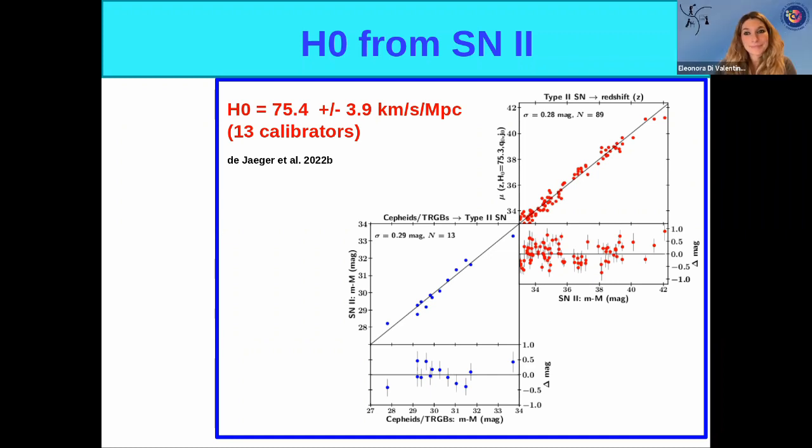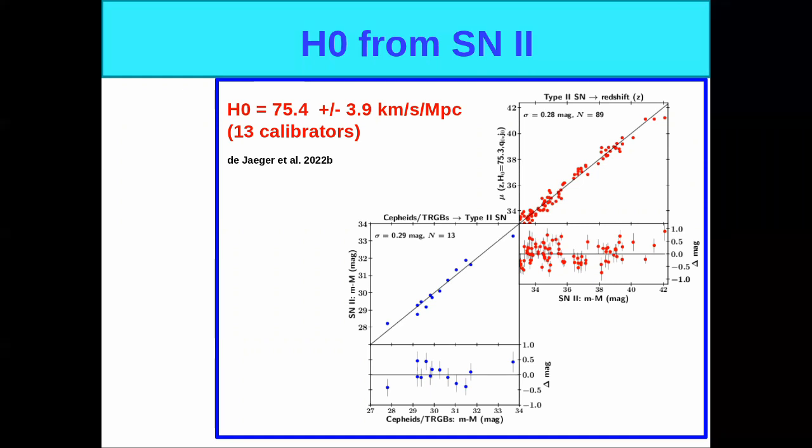Adam? Thomas, very nice talk. I apologize, I didn't catch all of it, but I'm familiar with your work. Do you have the slide where you showed the different calibrators that you used?